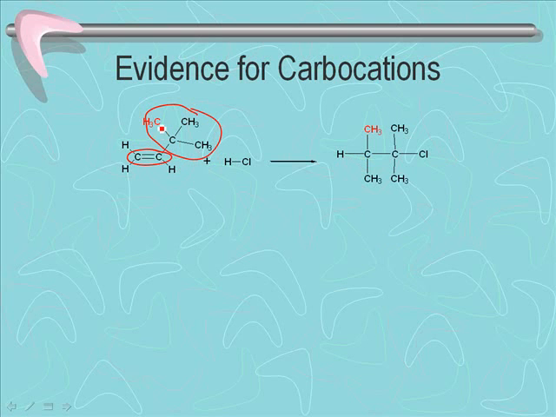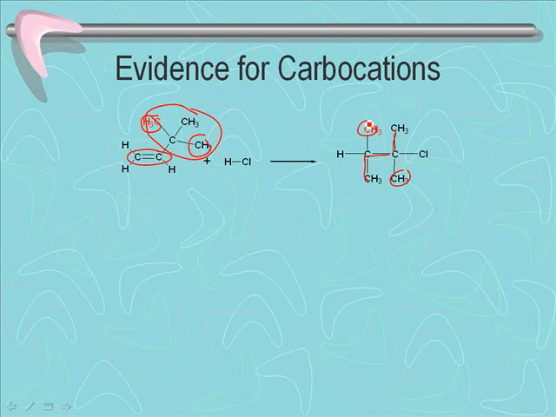Instead of having two methyl groups branching off of the third carbon in the backbone, we have a backbone that is a 4-carbon backbone with methyl groups on adjacent carbons. So in the process, a methyl group actually moved during the chemical reaction.